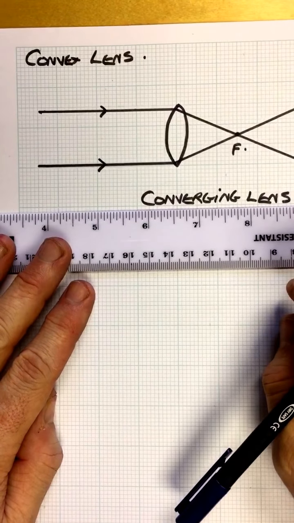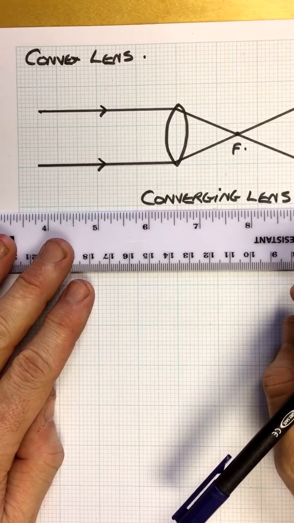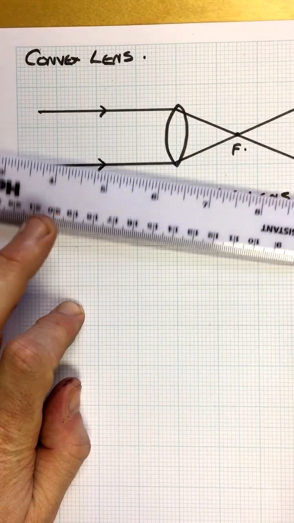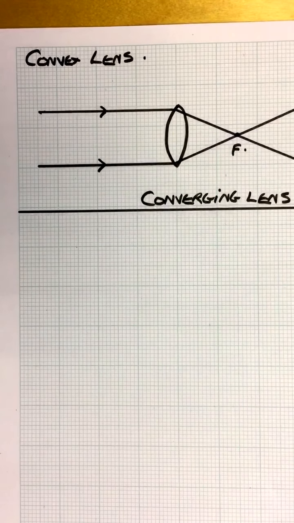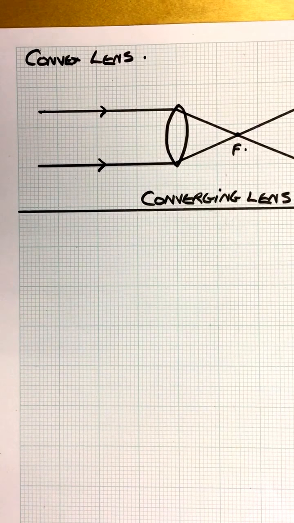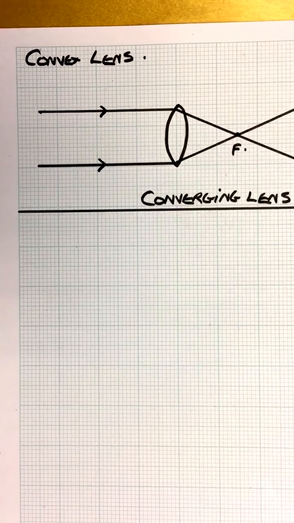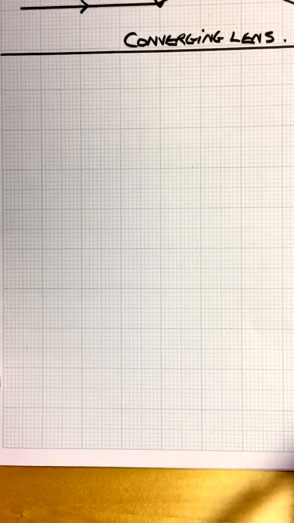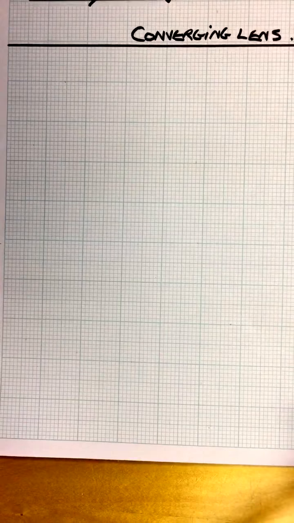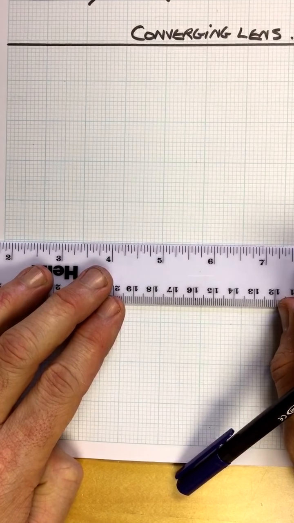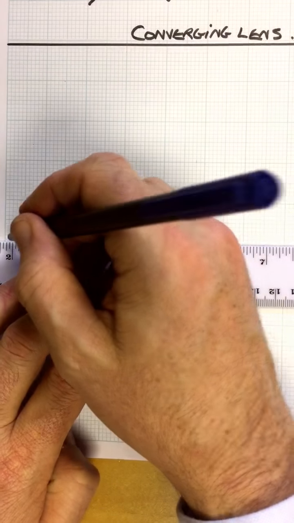Now, one of the things that you will be required to do is to be able to draw what the ray diagram would look like for a couple of situations that you're likely to encounter with a converging lens or convex lens. So if you take a look at the first instance, you'll always start with your plane of focus.